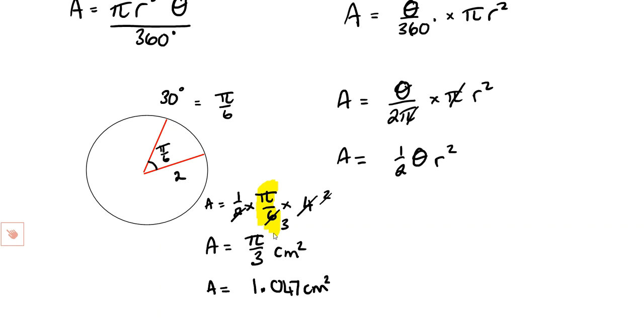Now, what you might be thinking of is 2. If I have 2 squared, that makes 4. So it's bigger, right? But that's the area of what shape? Square. But this is only a small sector of a circle.